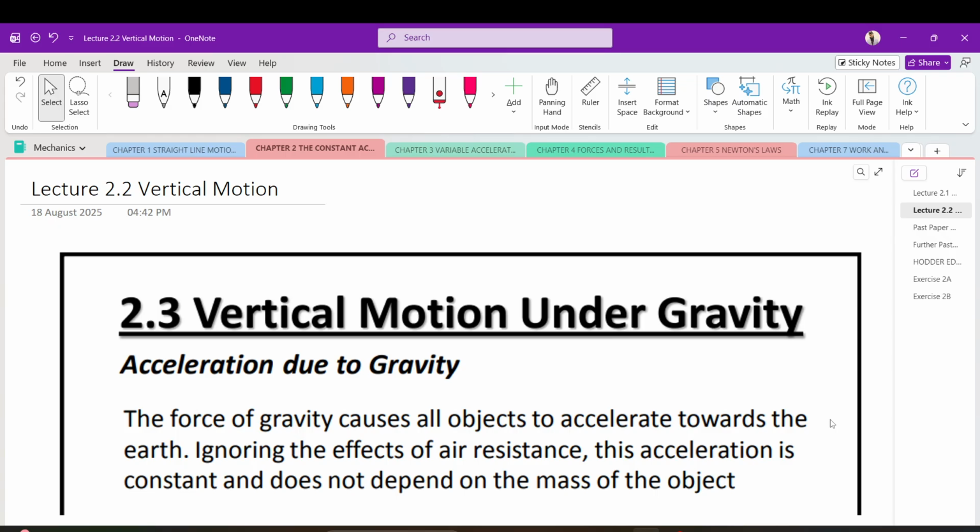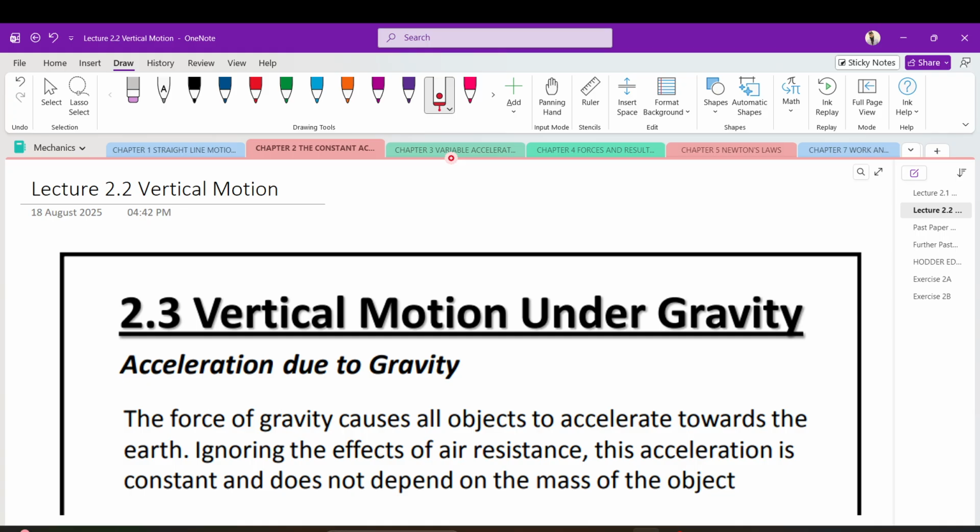Therefore the acceleration that results due to this gravitational field strength is called acceleration of free fall or acceleration due to gravity. The force of gravity causes all objects to accelerate towards the Earth, ignoring the effects of air resistance. This acceleration is constant and does not depend on the mass of the object.